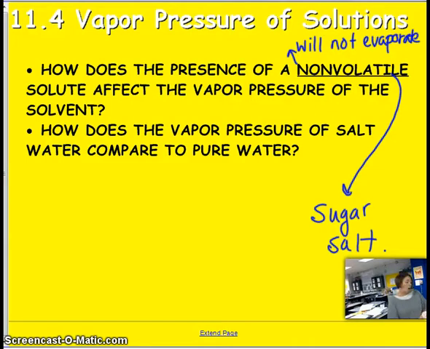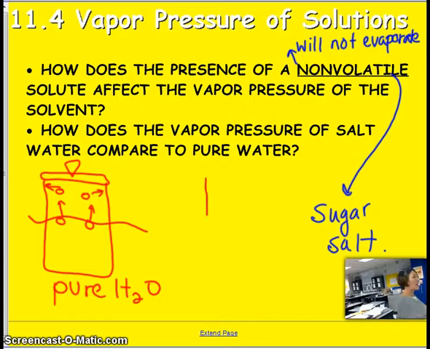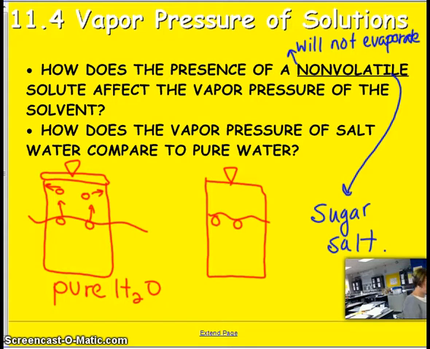So when you add salt to water, let's just diagram it. Here's pure water. Let's make this a closed container. Only surface molecules can evaporate, and as those surface molecules evaporate, they exert vapor pressure, and that's a constant at any given temperature. Now, if you put salt or any other non-volatile solute in the container, not only do you have those water molecules on the surface, but you also have your solute molecules on the surface.